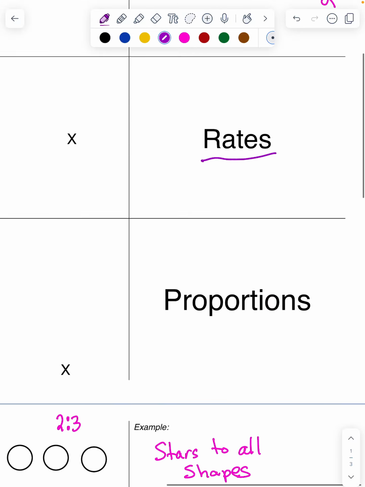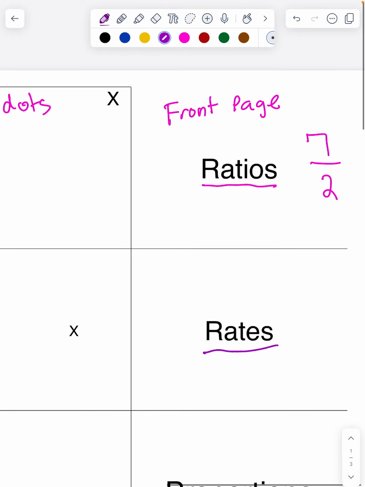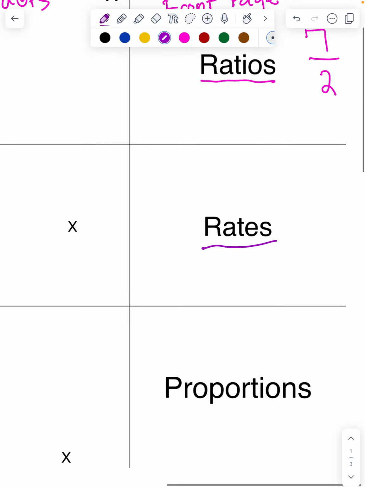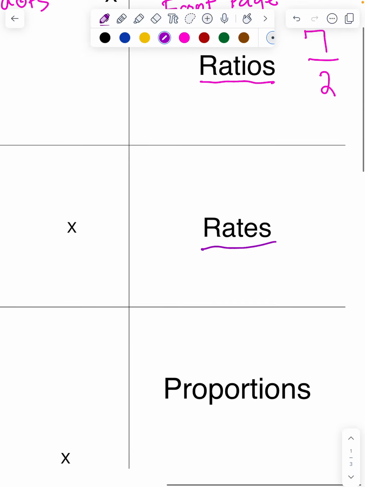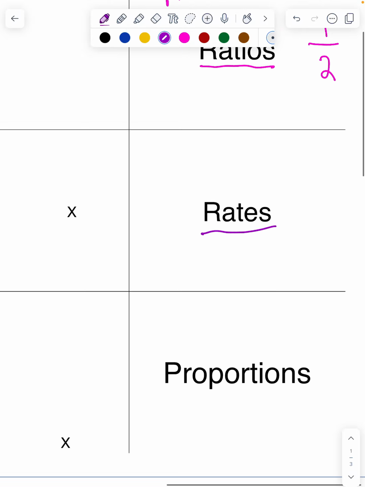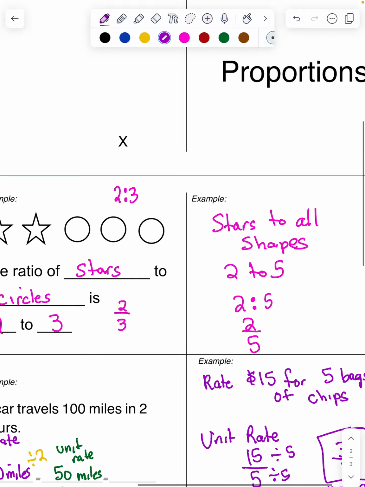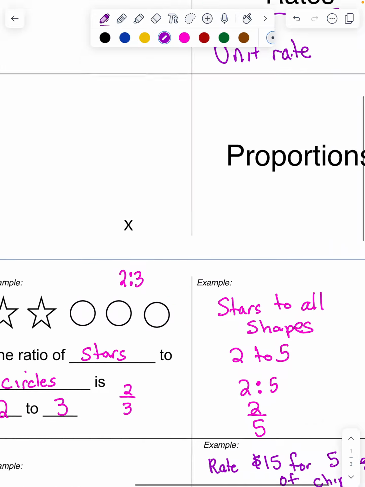Okay, we've talked about ratios. Those are fractions. Rates are a comparison of two things. We've also talked about a unit rate, and a unit rate is for one thing. And now we are going to talk about proportions.